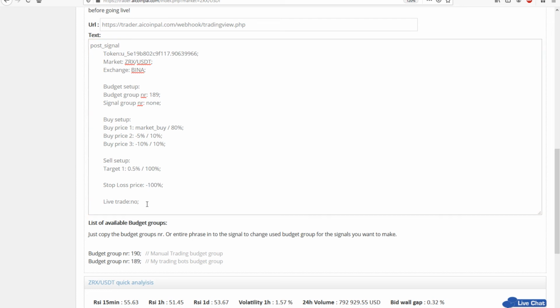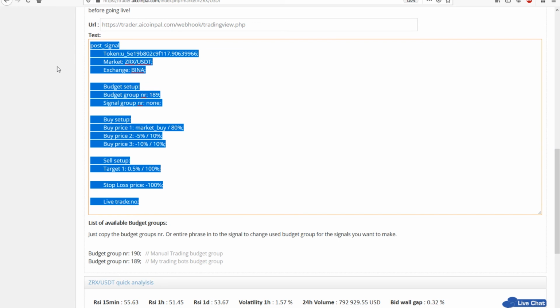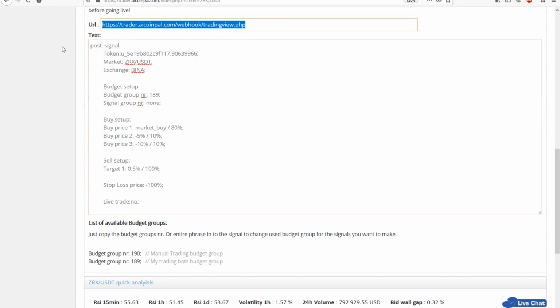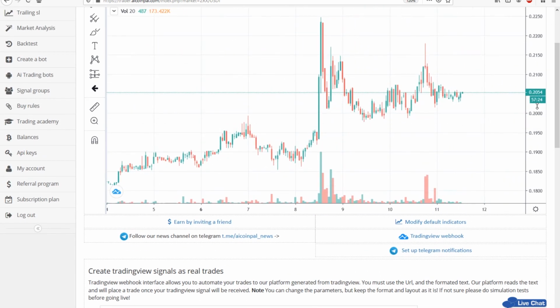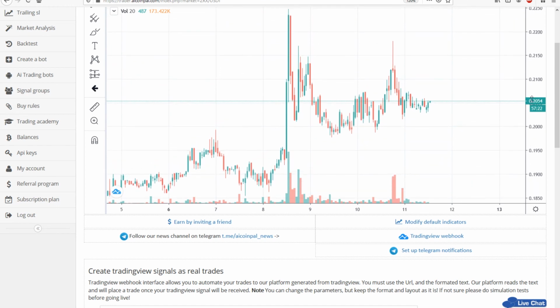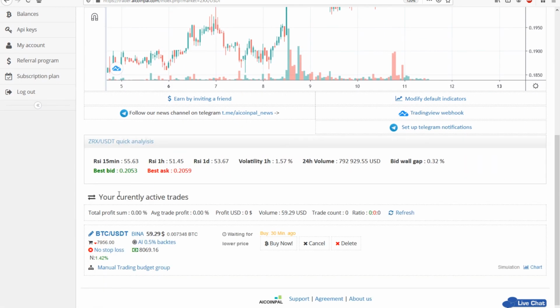So at this moment, you just copy your text, copy your TradingView link, input it in your TradingView platform in the section called Webhook, and every time your TradingView strategy or script makes a buy signal, it will be sent to this platform, and you will see your trades live right here.